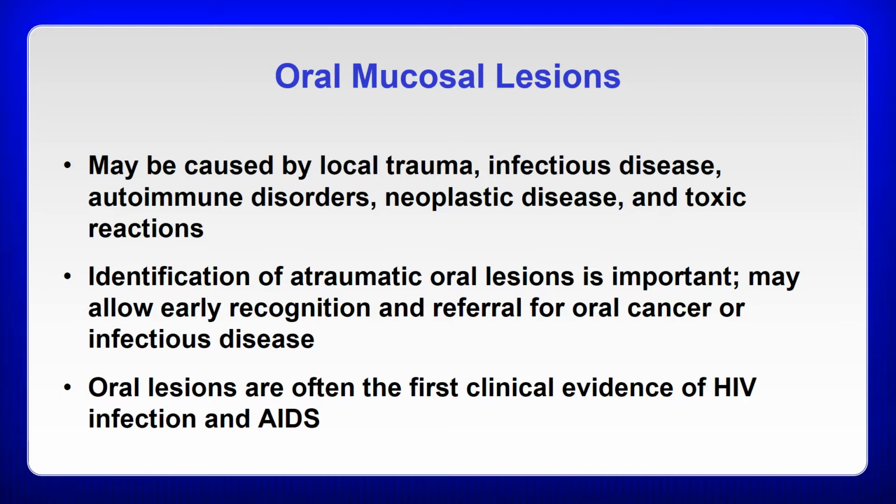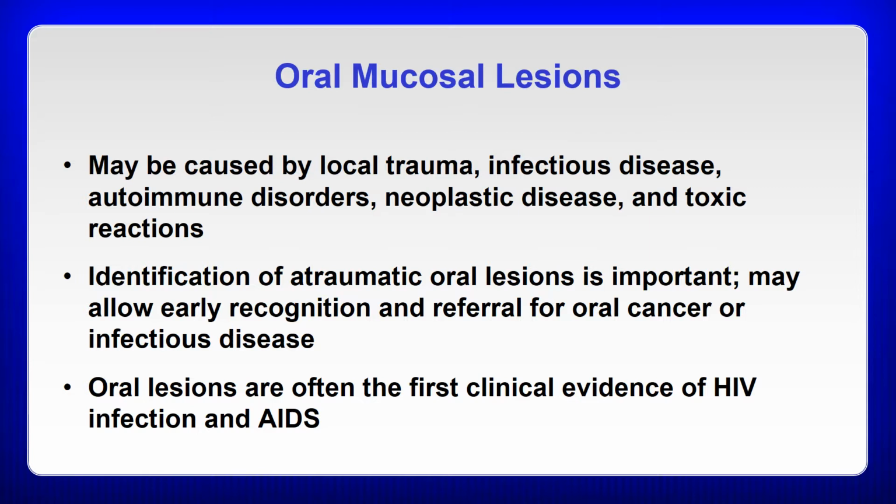Okay, oral mucosal lesions. There are many different types of these. One thing I would point out is to make sure that in reading your text you pay attention to some of the particular types they talk about, because there's going to be a little more depth in the text than what I'm going to talk about.